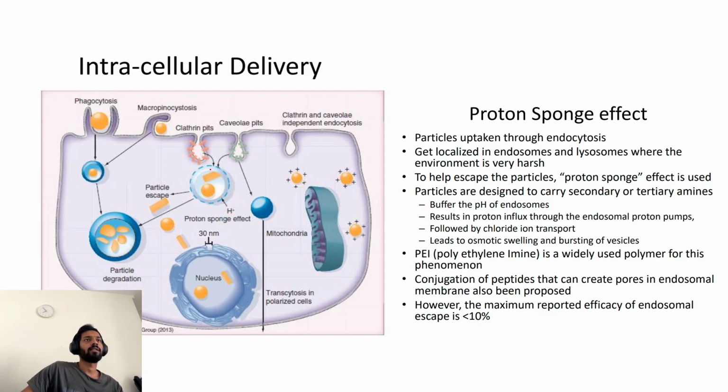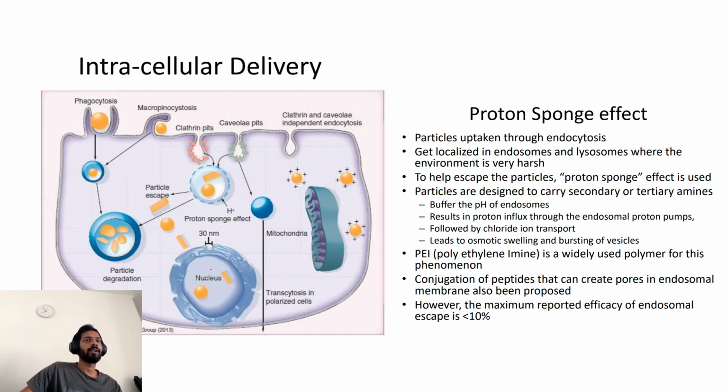Because it's ending up in endosomes, it's not able to access any of the intracellular organelles or components. The particle is contained within this endosome, and even if it releases drug, the drug will also be in the endosome itself. It will not reach the intracellular space.